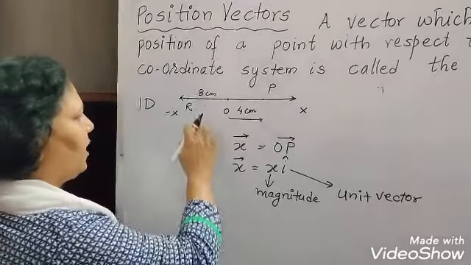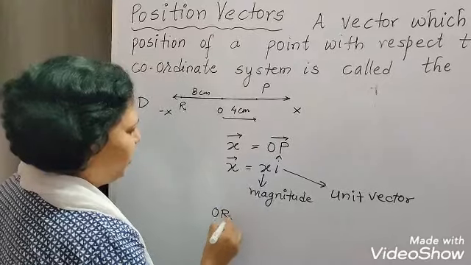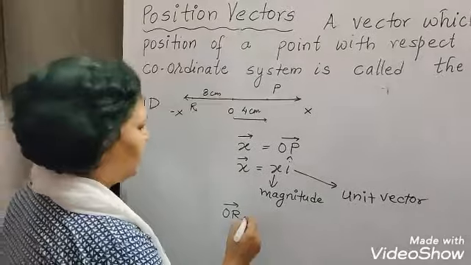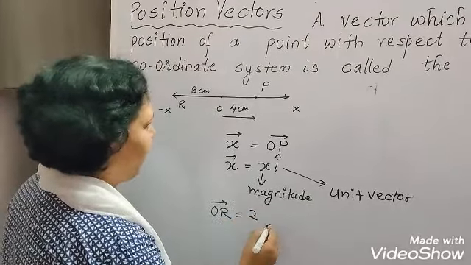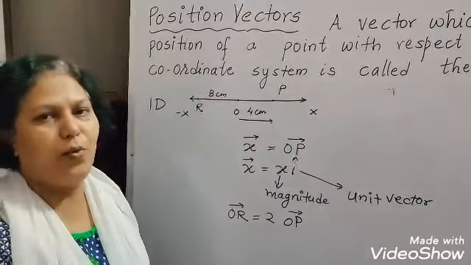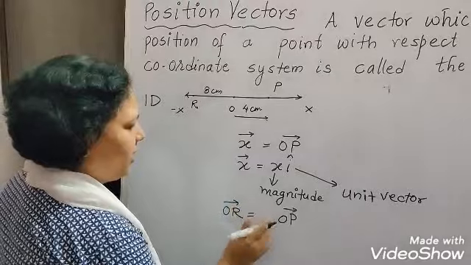So what we can say here, OR is a vector which is double the vector OP in magnitude and opposite in direction.